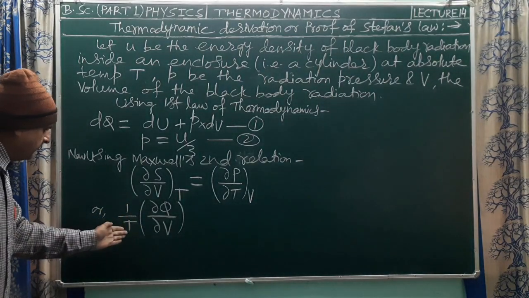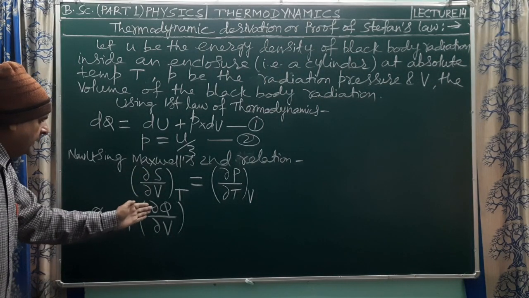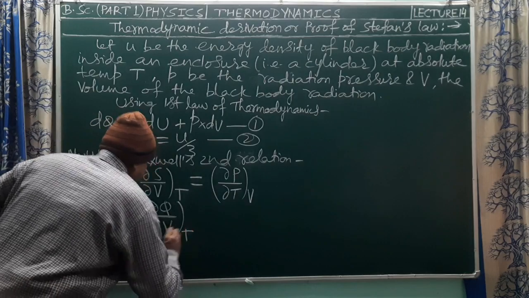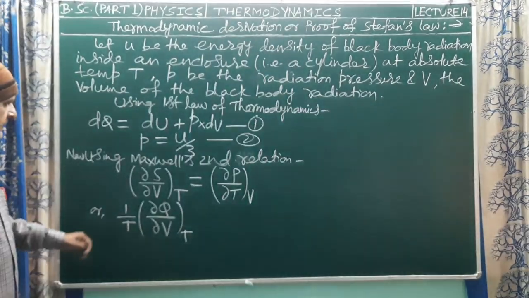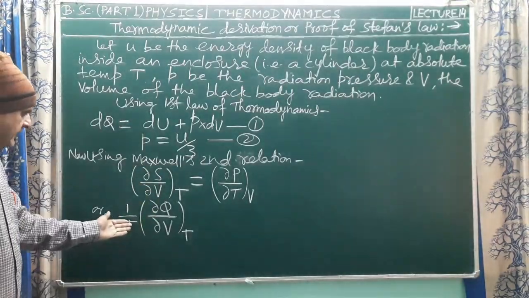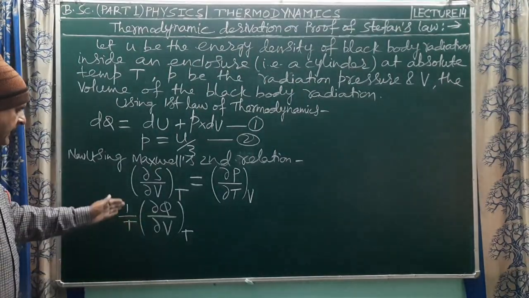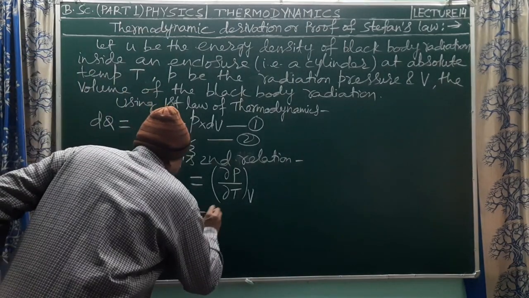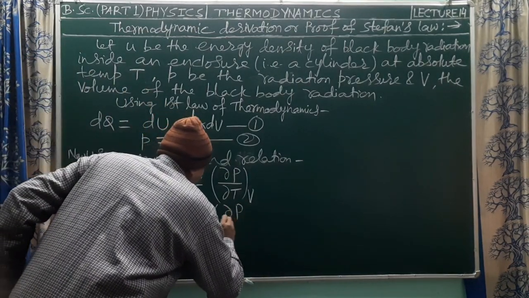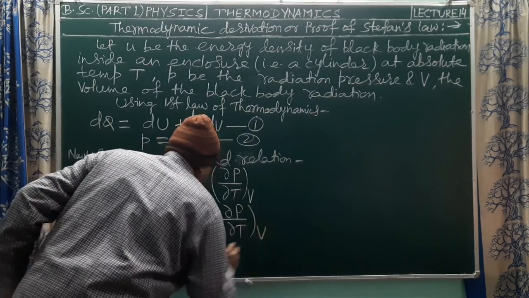So it is 1/T times the bracket del Q upon del V at constant temperature T, equals del P upon del T at constant volume V in the RHS.